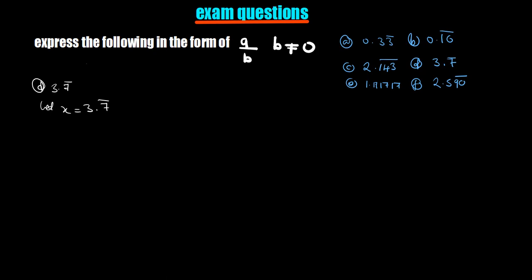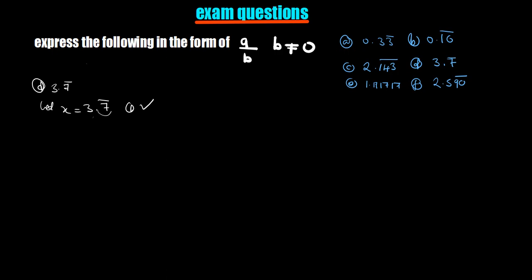The first thing you need to do is the independent number to be on your left side. There's no other independent number apart from 3, so 3 is already there. So this is our equation 1. I'll tick that. The second one is to move this point to the other side so that the bar can come there. That will be my equation 2 that I'll tick.